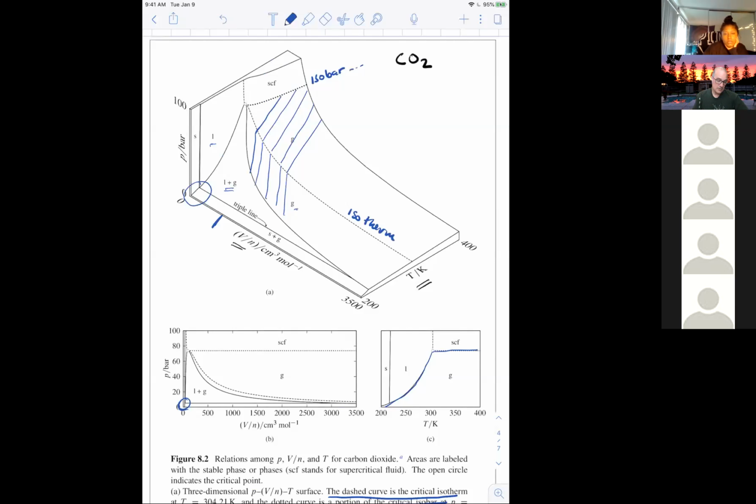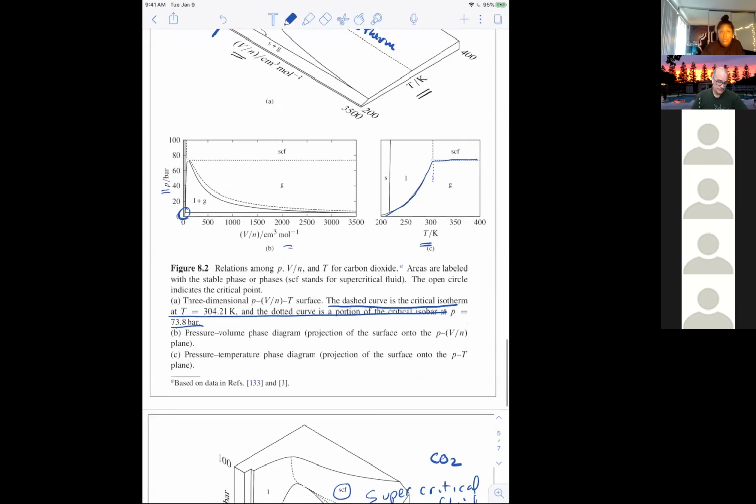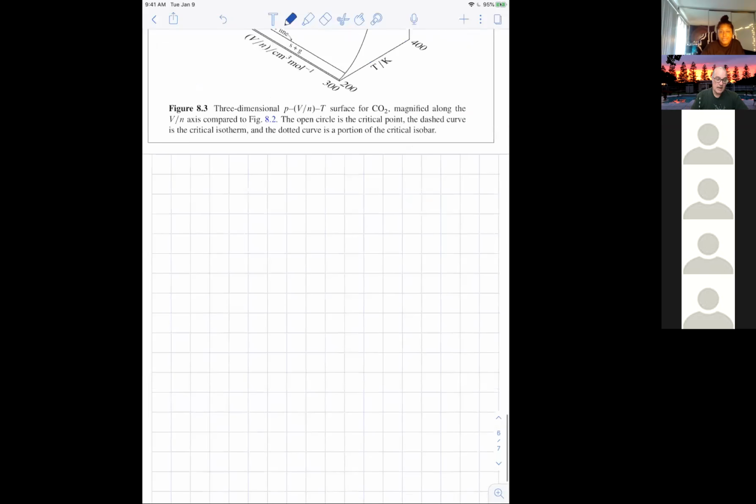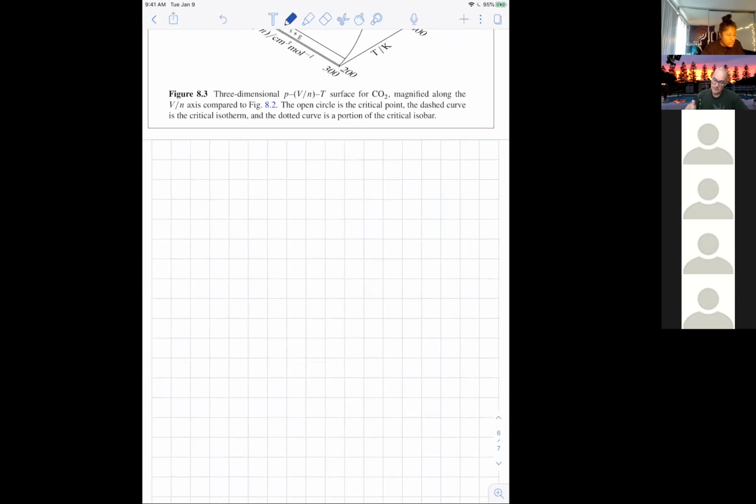If you look down at these two-dimensional representations, P versus V, then you can see the isobar. And if you look at the P versus T, you can see the isotherm, at least part of it. You can't really see it here, because you don't see that kind of change of shape or change of surface in that two-dimensional slice. So these are kind of hard for us to figure out.